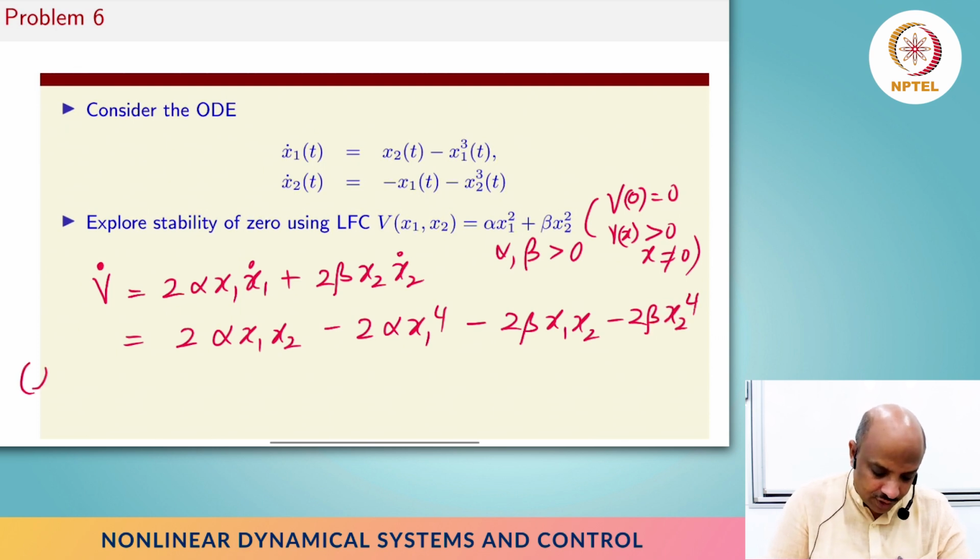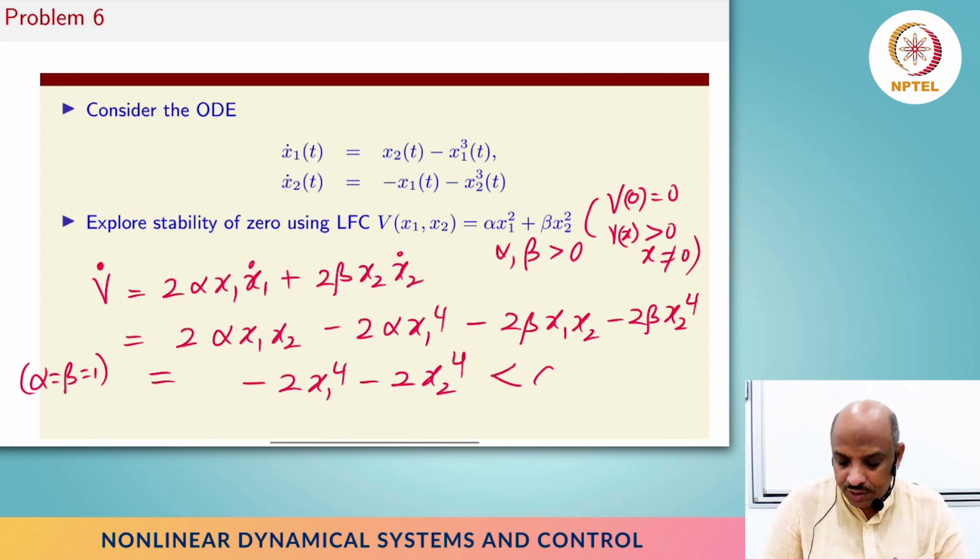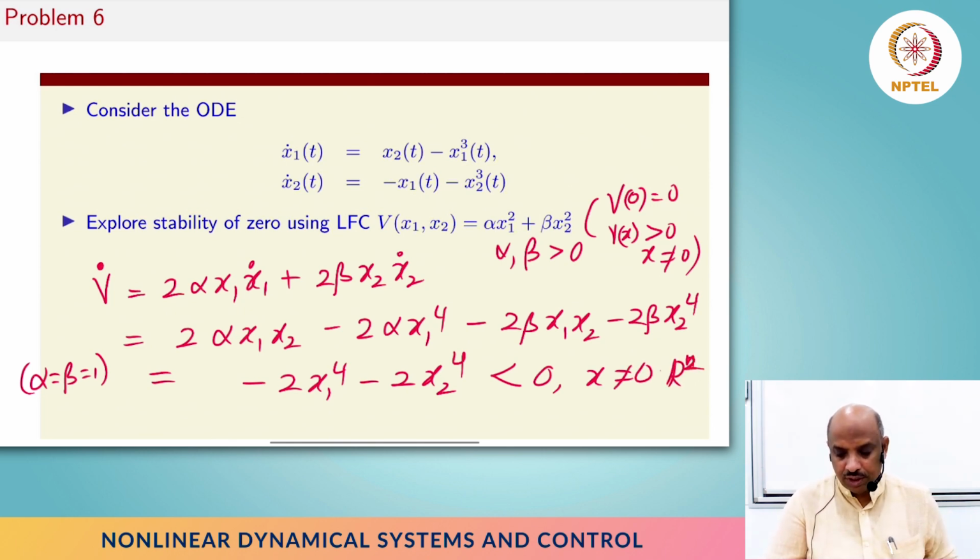By choosing alpha equal to beta equals 1, this is essentially going to give me minus 2 x1 to the power 4 minus 2 x2 to the power 4, which is of course strictly less than 0 for all x non-zero, and this is true all over R n, R2 for that matter.